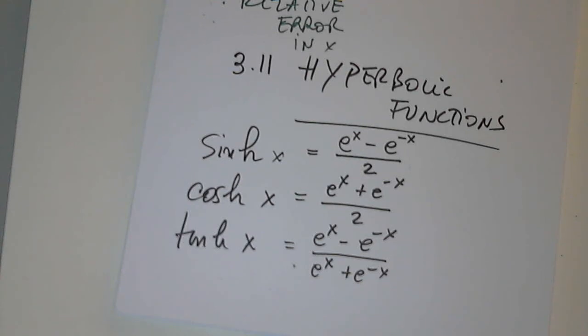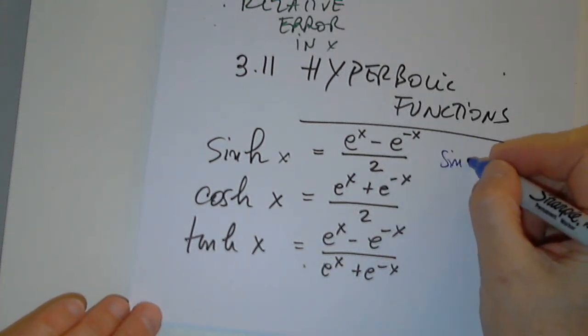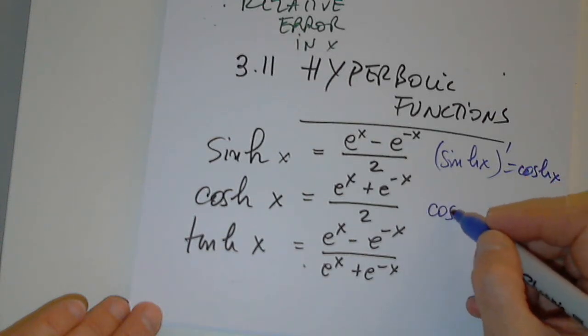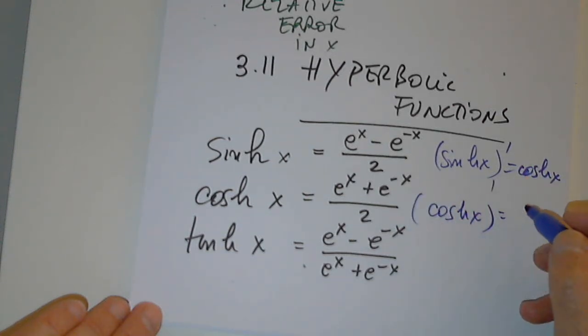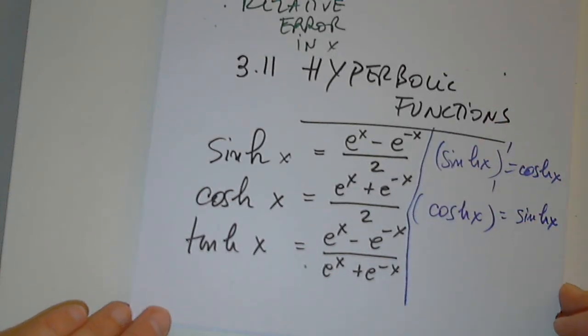So now the derivatives of these functions, very simple, identical to the trig functions and no negative signs. When you differentiate hyperbolic sine, you get hyperbolic cosine. And when you differentiate hyperbolic cosine, you also get positive hyperbolic sine. Do not confuse those functions. For trig functions, we normally get negative, right? But not here.